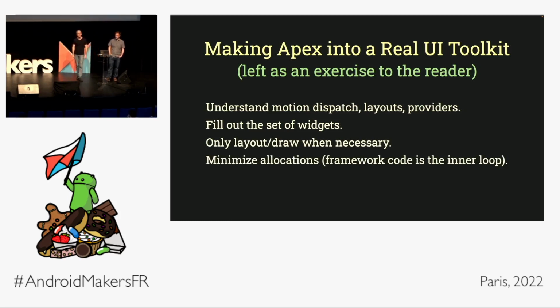You also need to minimize allocation. Just like when Romain joined the team and started optimizing for not redrawing too often, there were also a lot of optimizations that needed to happen around not allocating objects when that didn't need to happen. If you think about UI toolkit code or framework code compared to app code, the framework code really is the inner loop of the application.